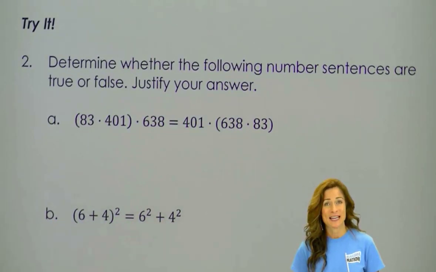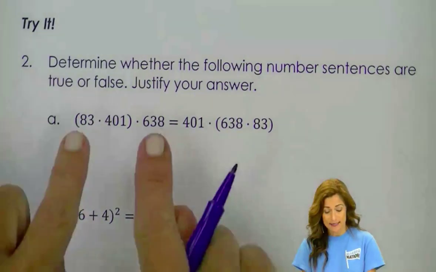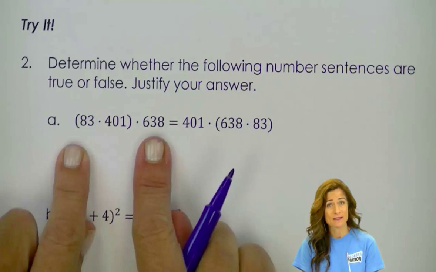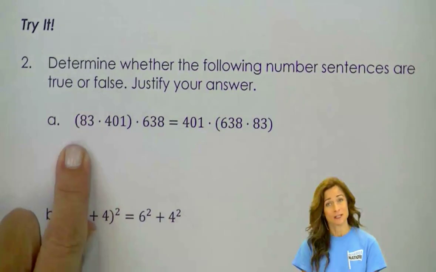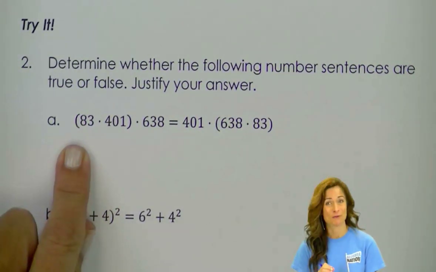Let's look at A. Okay, now in A, I'm not going to multiply all of this out. I can look and see that I have the same numbers. They're all being multiplied, and all they've done is taken the numbers on the left and they've moved them around using the commutative property, and they've regrouped them using the associative property.